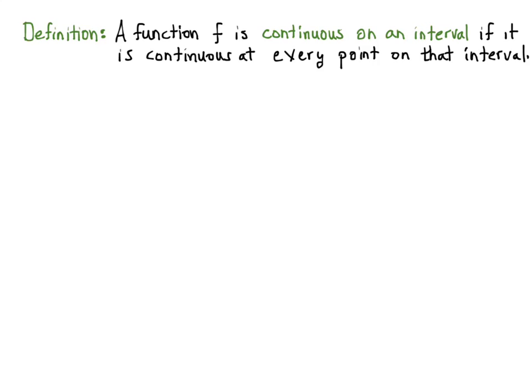Now I'm going to say it's continuous on an interval if, on that interval, I choose any point and the function is continuous at that point. So here I'm extending my definition of continuity from a single point to sets of points, which is an interval.